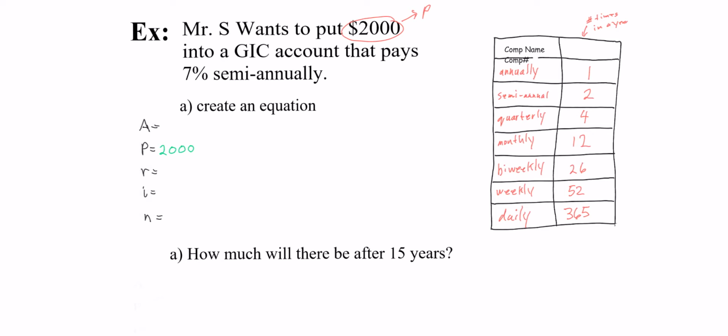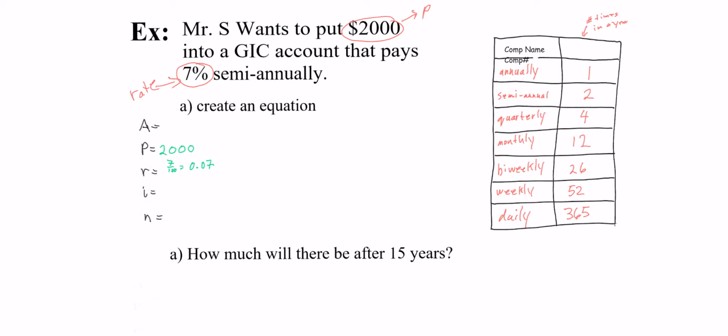The next thing we have to do is figure out what the rate is. The rate r is going to be calculated as 7 over 100, and I use my calculator to find my actual decimal percentage.